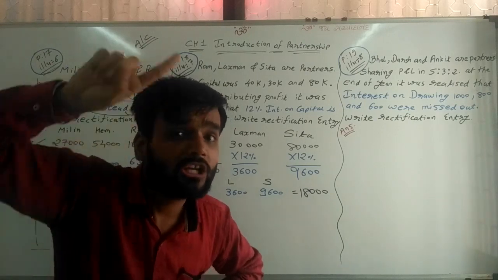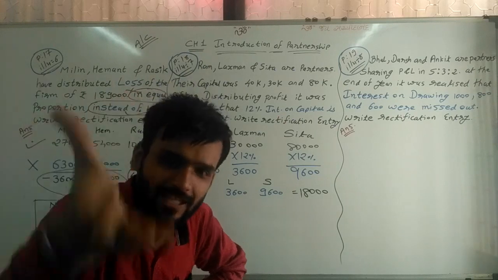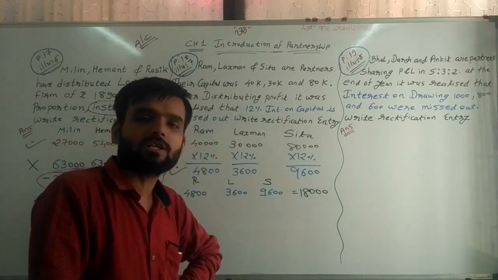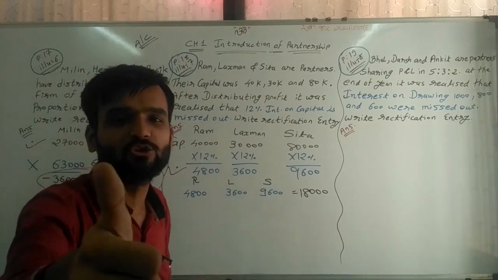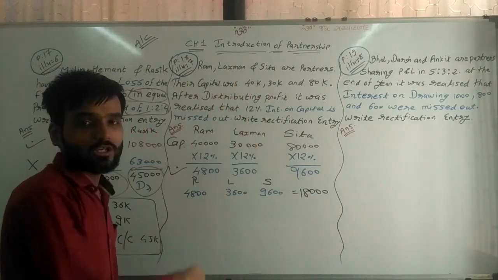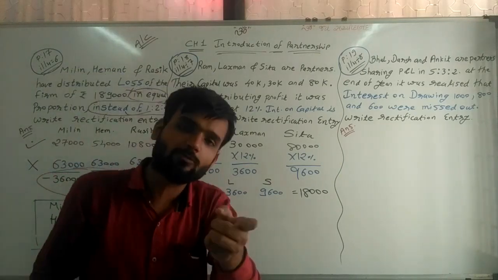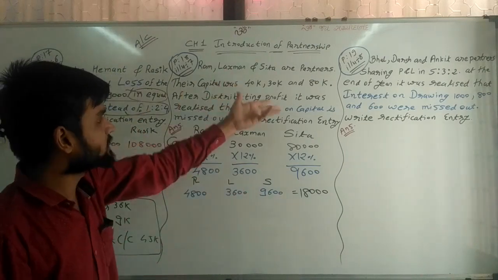Now in which proportion was the profit distributed? Remember, sir, profit was distributed in equal proportion. Why equal? Here the P&L ratio is not given to you. That's why equal proportion. Otherwise, profit is distributed in the profit and loss ratio. But here the P&L ratio is not given.